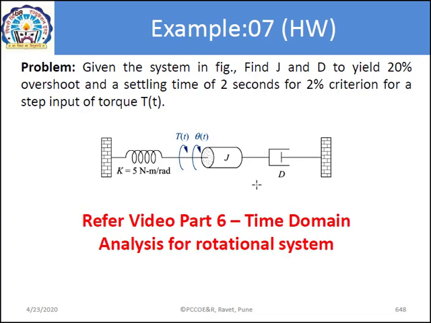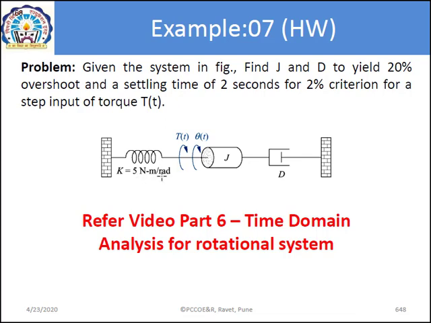Let's try to understand how to determine the value of J and D for a given system. So this system is a torsional system or a rotational system which has an inertial body, a cylindrical mass of mass moment of inertia J, and a torsional stiffness K. How do you come to know that it's a torsional stiffness? If you just carefully observe the unit of K, if it is linear, it has to be Newton per meter, but for a torsional one, it is force over displacement, where the force is torque and the displacement is angular displacement.